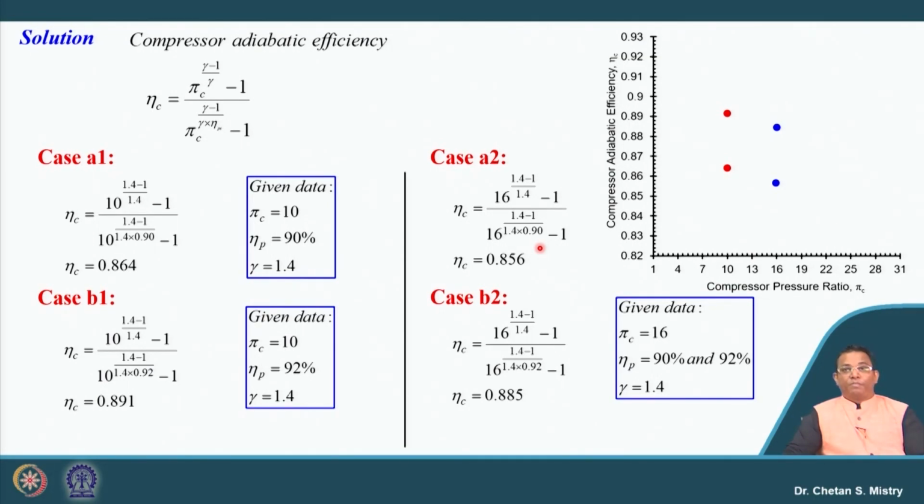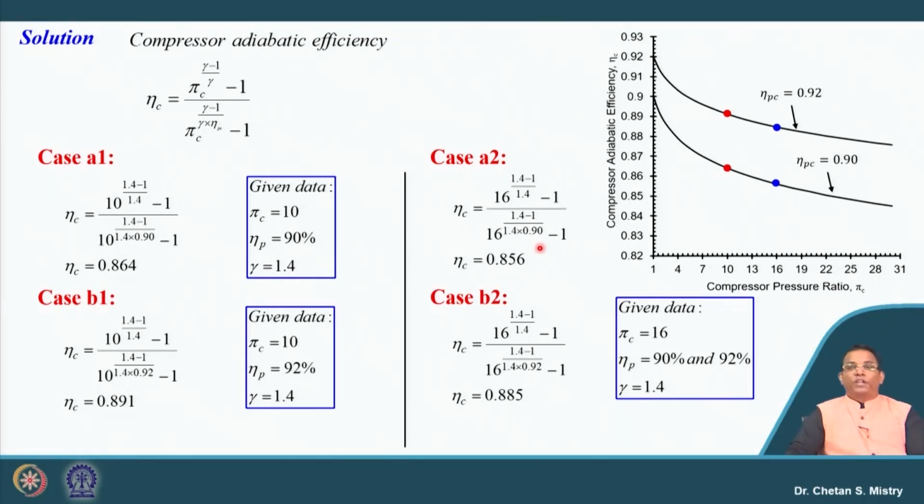There is a reason behind doing this calculation, so let us analyze the meaning of this information. Suppose I increase my pressure ratio again to, say, 22, 25, 28. With the change of polytropic efficiency, my adiabatic efficiency changes, and it will change like this. This gives a lot of information that we need to realize.